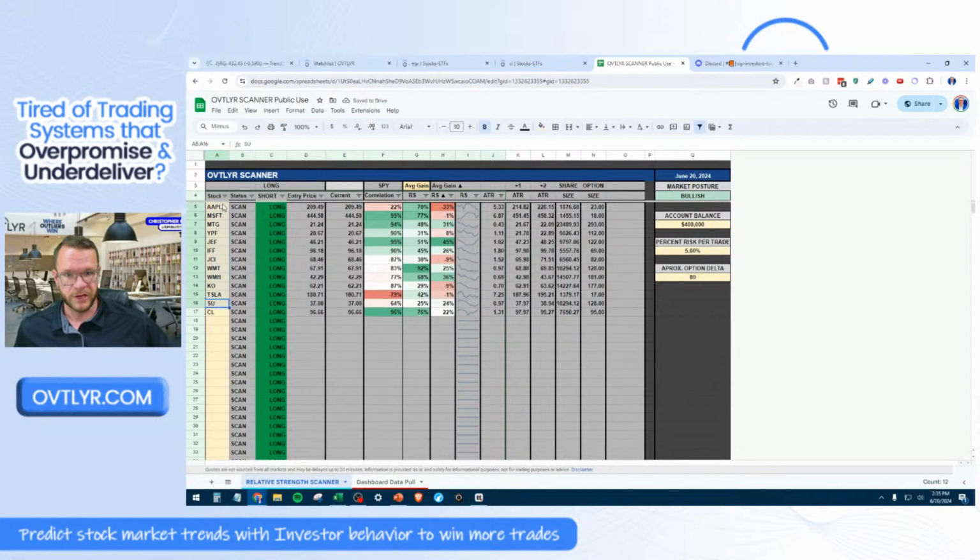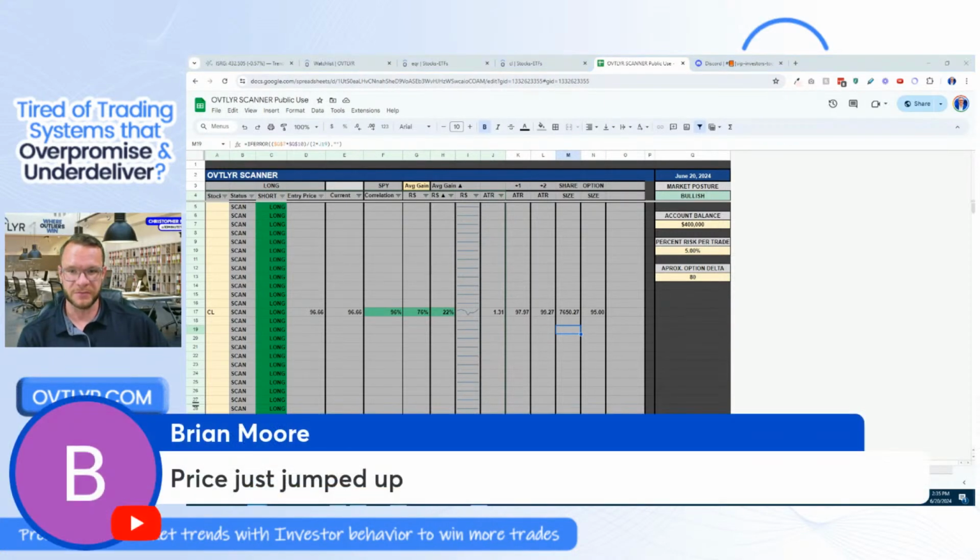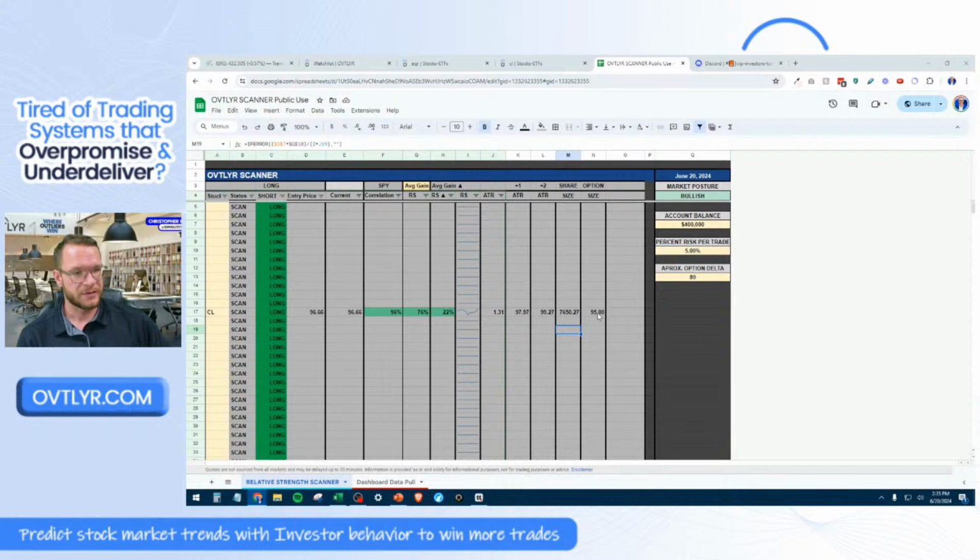So for Colgate-Palmolive, that'd be 95 options, or 7,650 shares, on a $400,000 account with 5% risk. So that's why you want to do that, right? Because you could swing for the fences here and get 195 options, or you could just get 95. And really, you don't want that. Price just jumped up, that's what Brian says. You don't want that. You want to be able to appropriately manage your risk. So that's why I provide this for you.